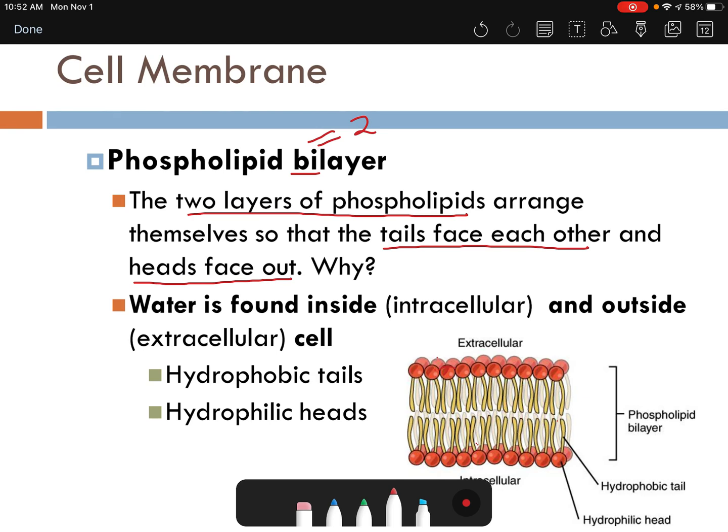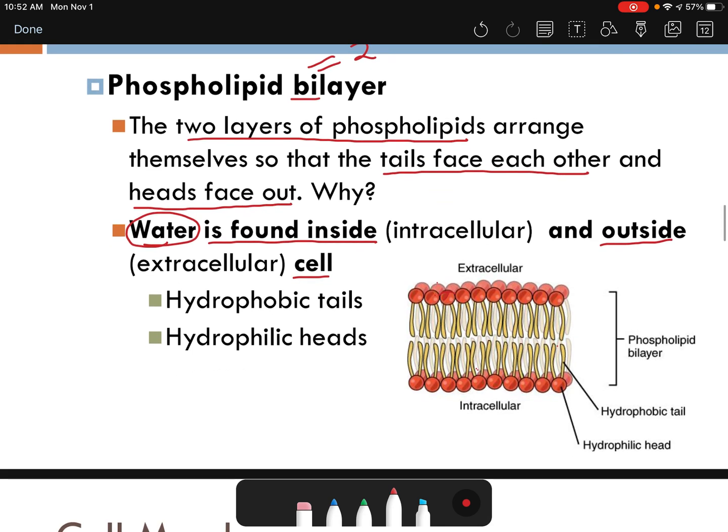Well, not really, because water is found inside the cell. That's what intracellular means, and outside the cell, extracellular. So if this right here is outside the cell, and this is inside the cell, you have a bunch of water in here, and you have a bunch of water out here.